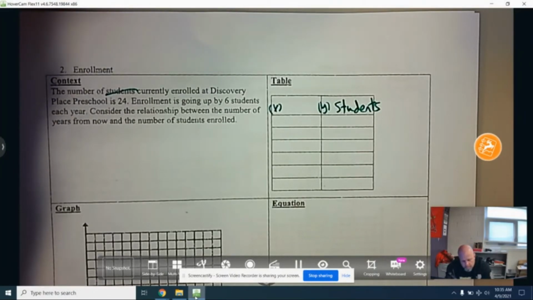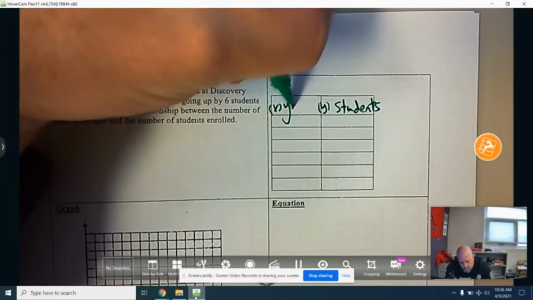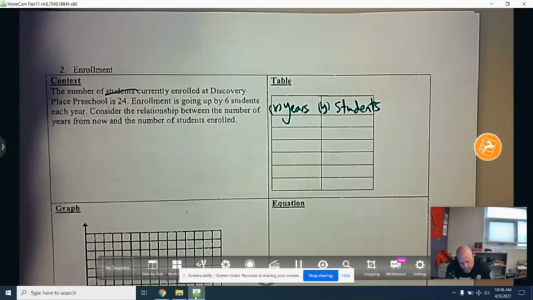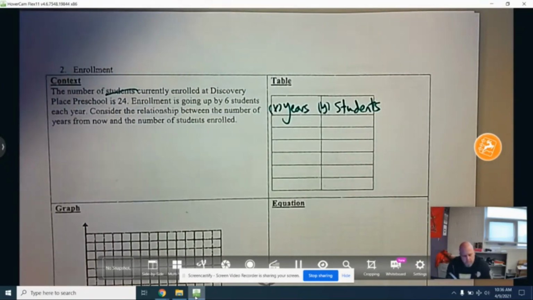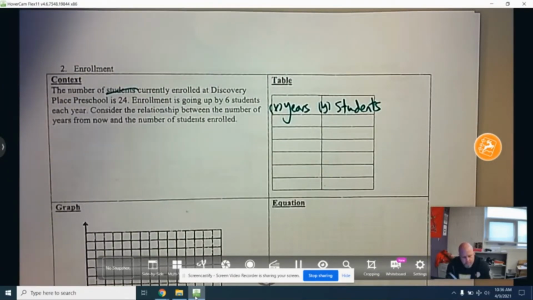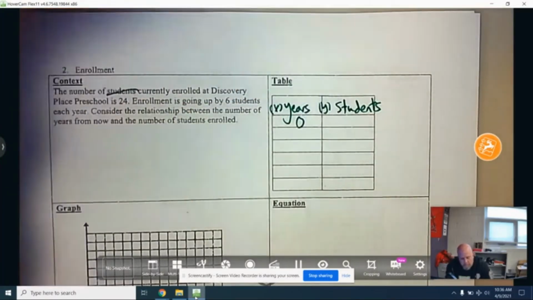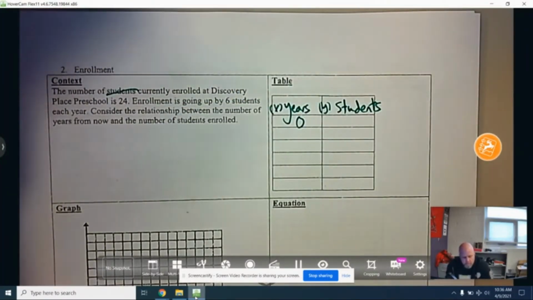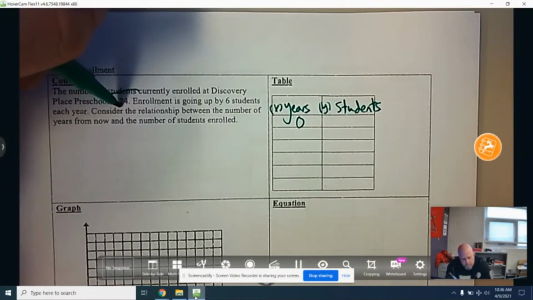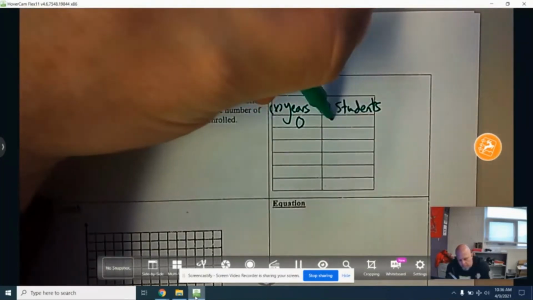Okay, x is going to be years. Okay, so right now, currently, it is 0 years, okay? That's our starting point. So 0 years from now, our enrollment is at 24.